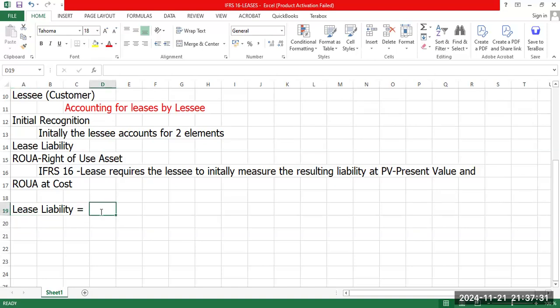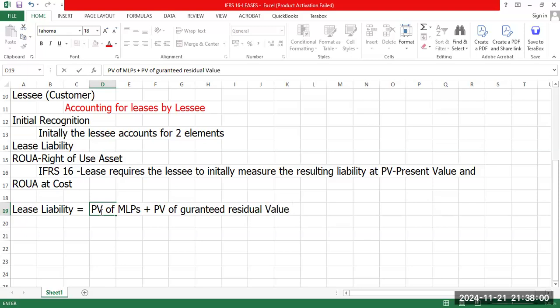So lease liability is equal to a present value of what we call minimum lease payments. Then we add a present value of guaranteed residual value. Then you also add a present value of purchase price.